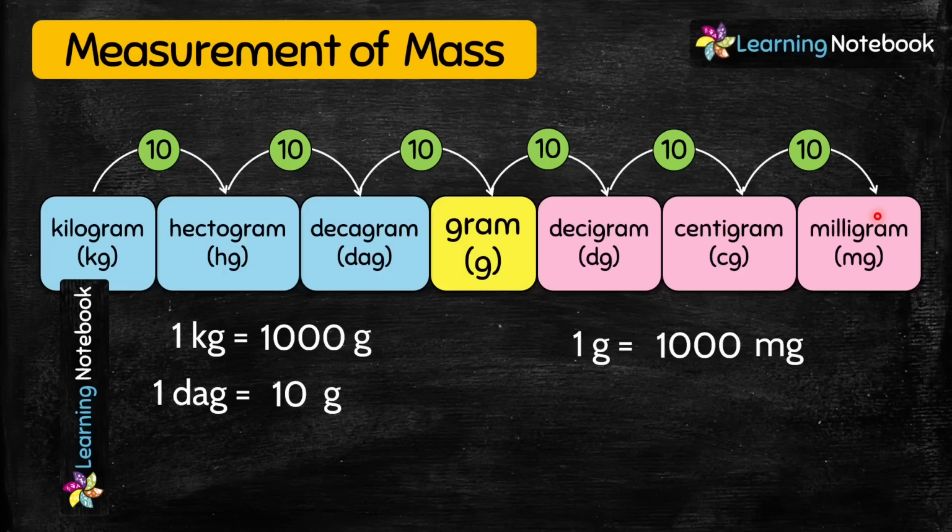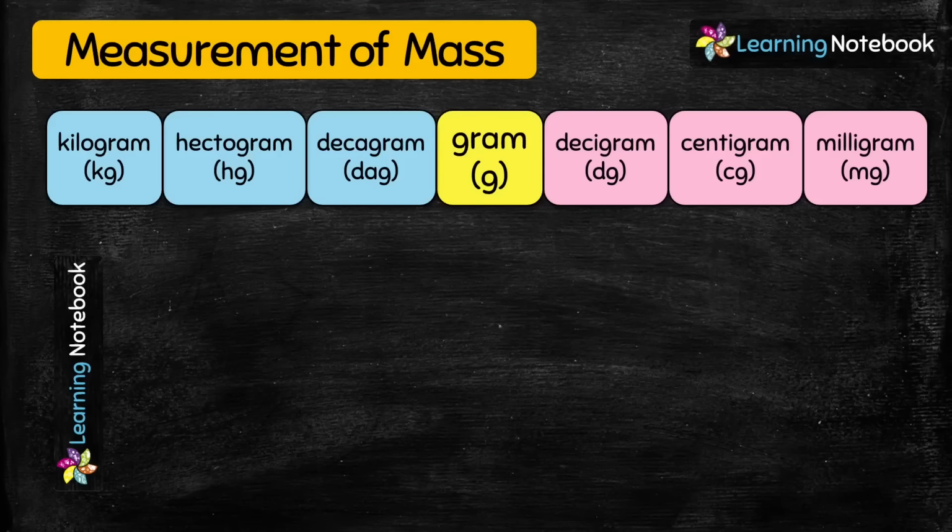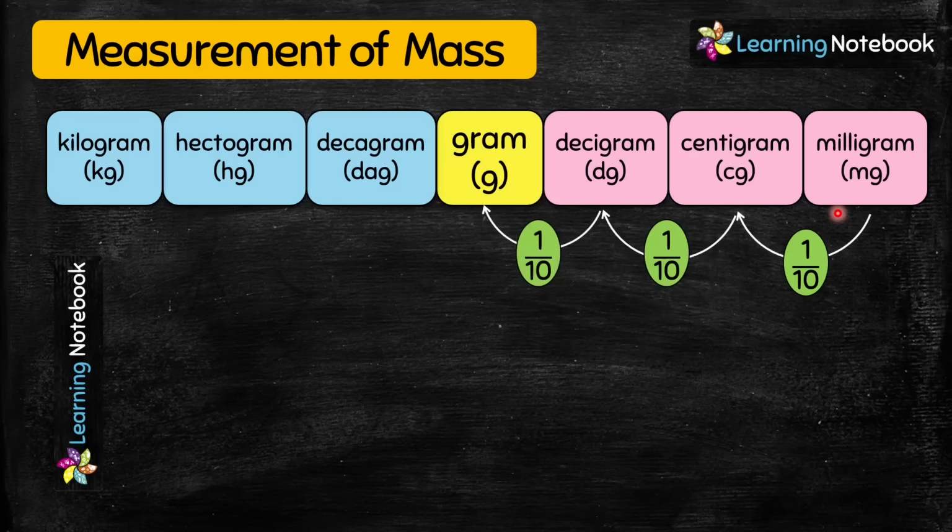So students, in this way, we can convert a higher unit into a lower unit. Now students, let's learn how to convert lower units into higher units. Here, to move from one unit to the next unit, we will multiply by 1 by 10.